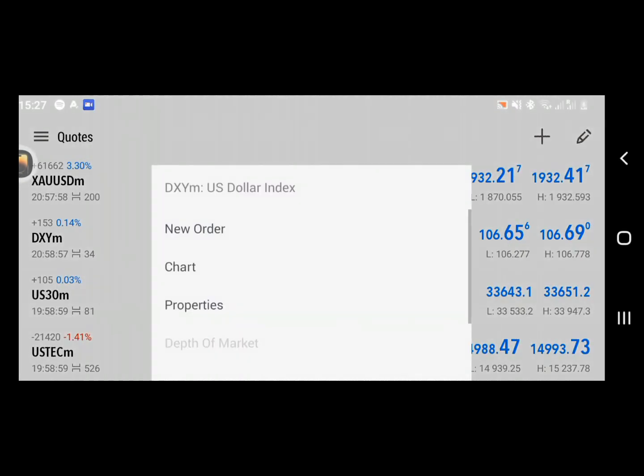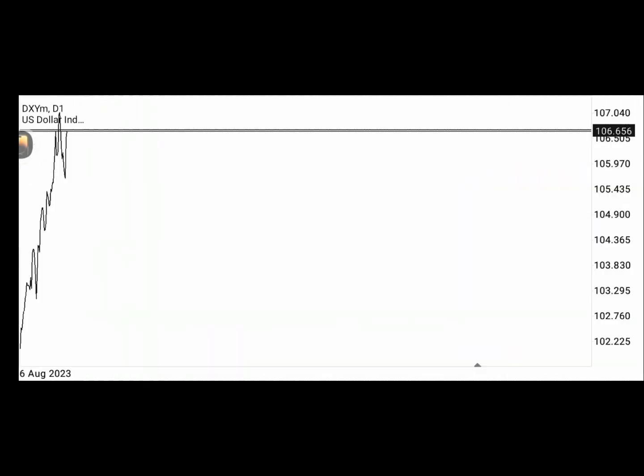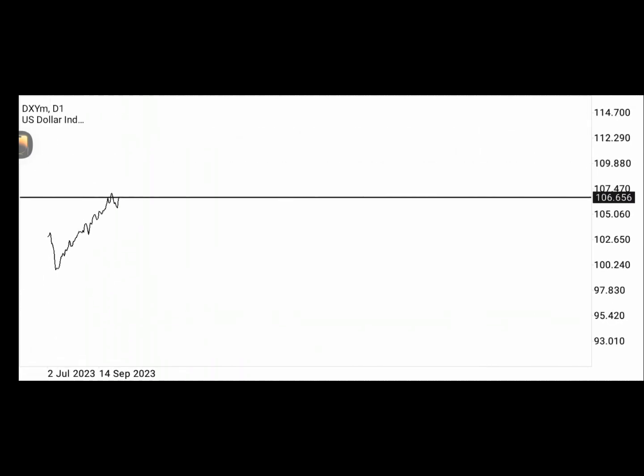So if you're looking on lower time frames, 1 hour chart, H4, H2, H3, look for sales at the 1956, 1955, but don't hold your trades for too long. Scalp. And in this series, I've also looked at DXY.